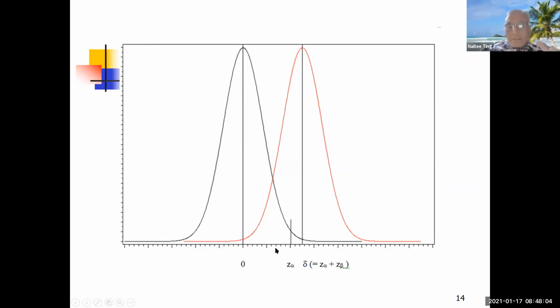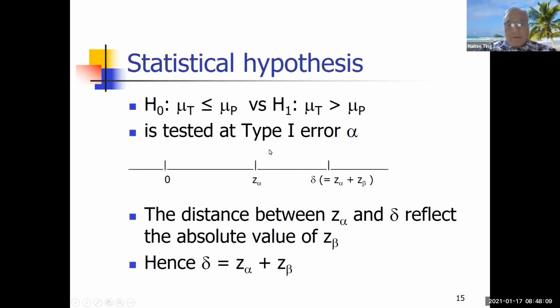Okay. So what I just said was this. Statistical hypothesis testing: your null is the test drug is worse than placebo, or equal, or no better than placebo, and your alternative hypothesis is better than placebo, superior to placebo. One-sided test. That's a one-sided type 1 error. The distance between Z alpha and delta reflects the absolute value of Z beta.